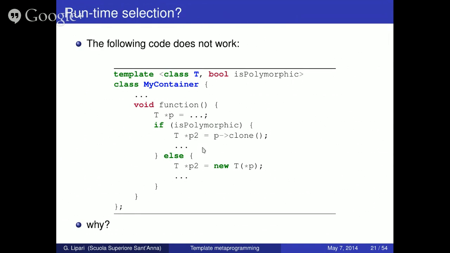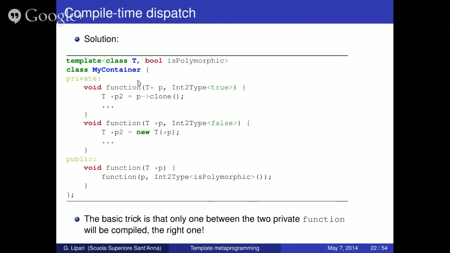Okay? So this code cannot work because the clone does not exist for non-polymorphic classes, and the copy constructor does not exist for polymorphic classes. This code works because only one of the two functions is going to be compiled, and the right one.